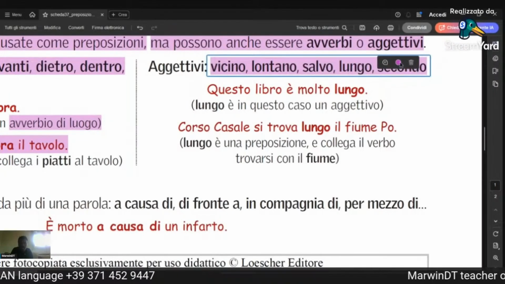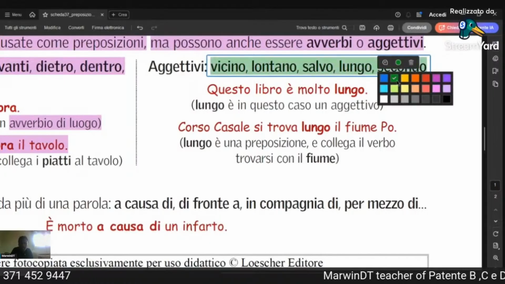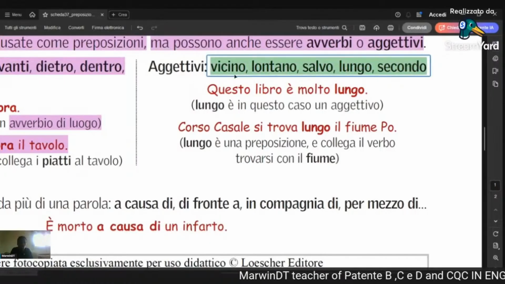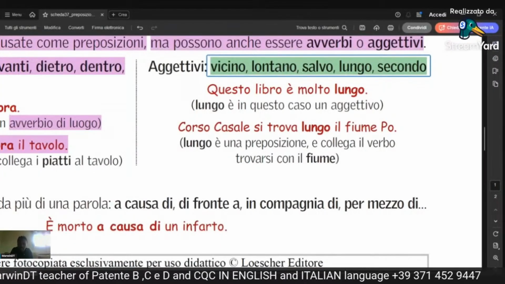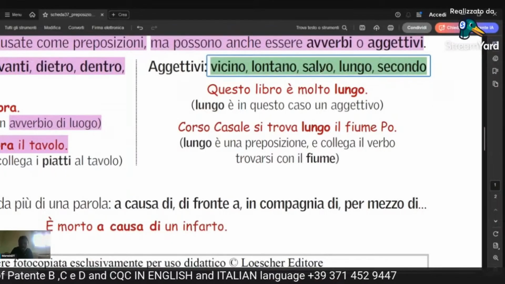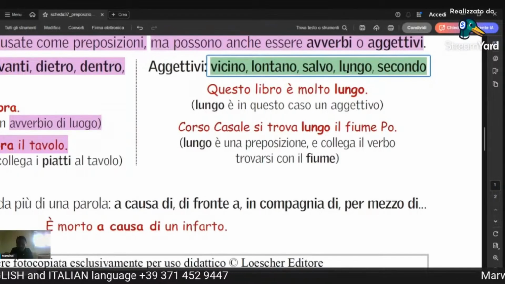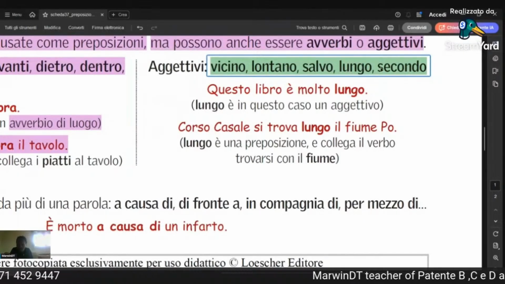So what do they stand for? Vicino means close, close to. Lontano, far away. Salvo, except. Lungo, along. Secondo, according to.